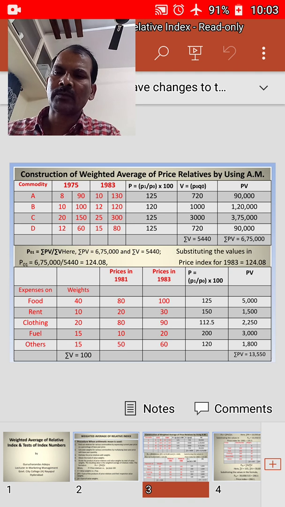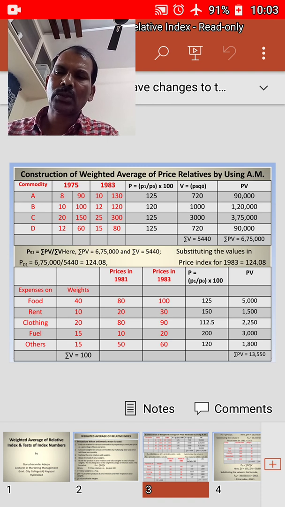V is given as base year prices, that is 8 into 90, you will get 720, and 10 into 100 you will get 1000.